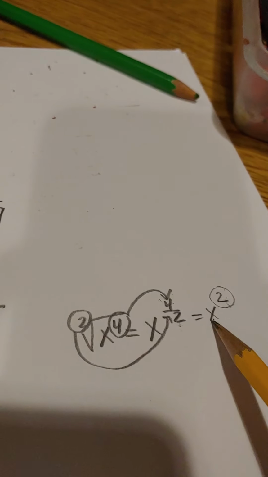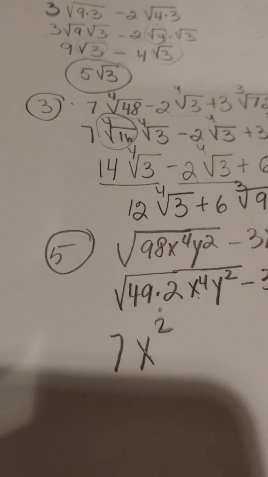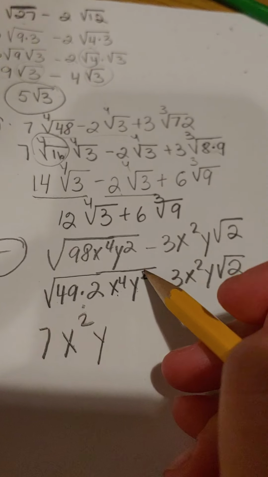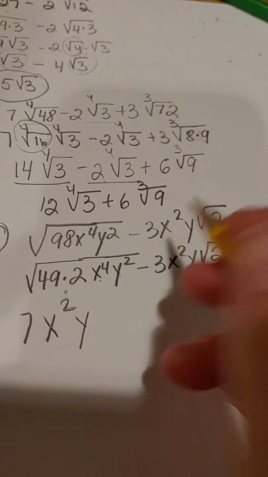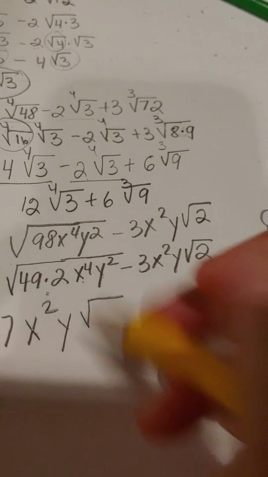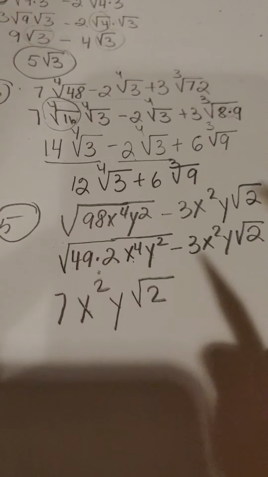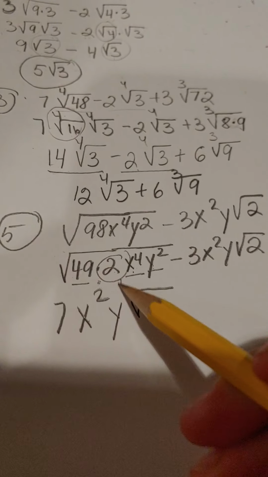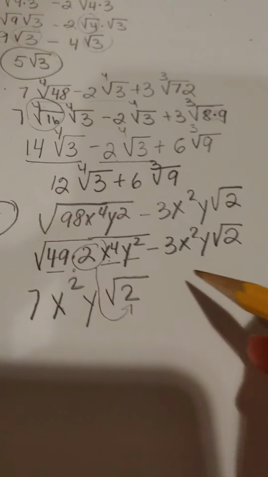This is the power for your variable. The same thing, y to the power 2 over 2 is just y. And what's left inside is 2, because we took the square root of the 49, the x to the fourth and the y squared, and the 2 was left, so it still stays under the radical.